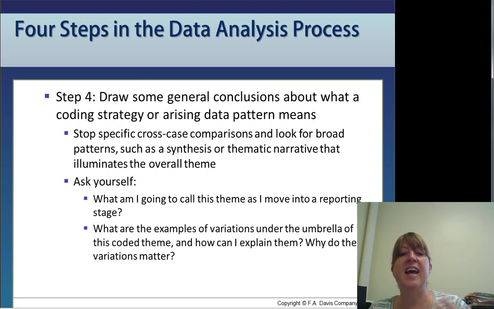You need to find that out so you can figure out how to explain, if this code is becoming a theme, if this is moving into the area where it's a theme, you need to explain that from all perspectives. So you want to look at what are the variations under the coded theme and how can I explain them? How do the variations matter?